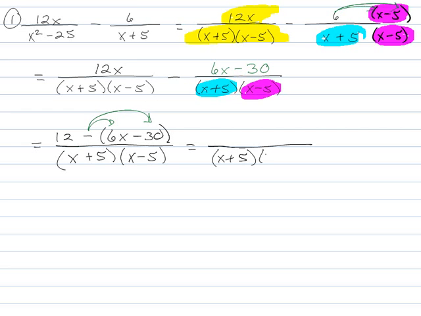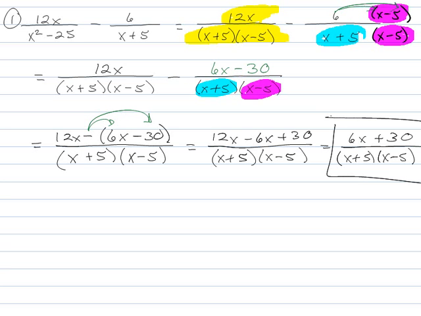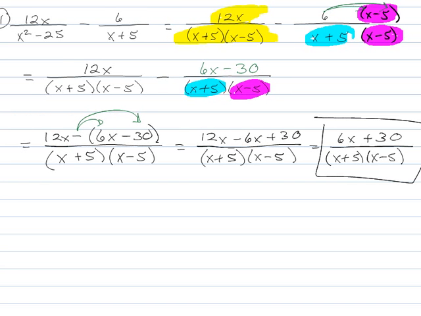So 12x, minus 6x plus 30. And that's going to give me, again, x plus 5, x minus 5 on the bottom. 12 minus 6 is 6. 6x plus 30. And that's what you're looking for there. Good?